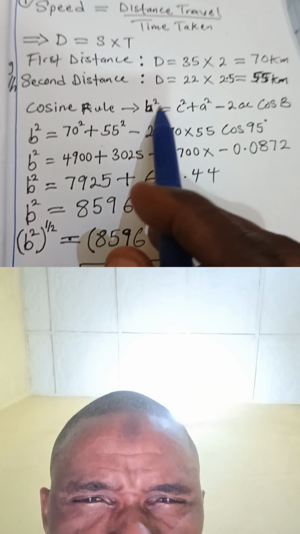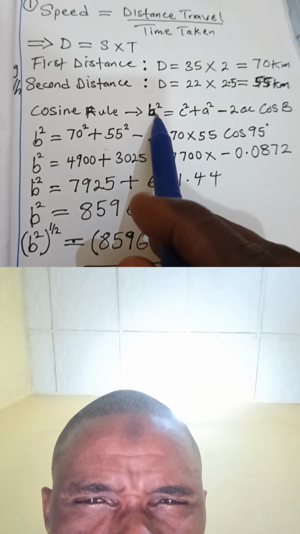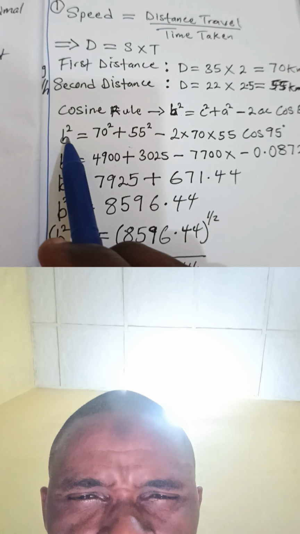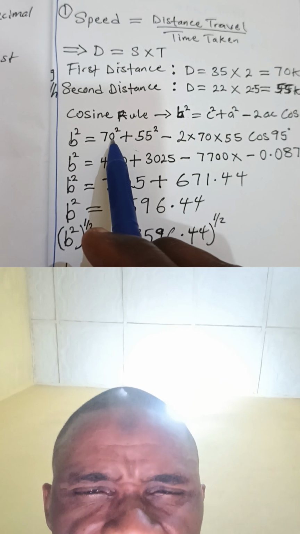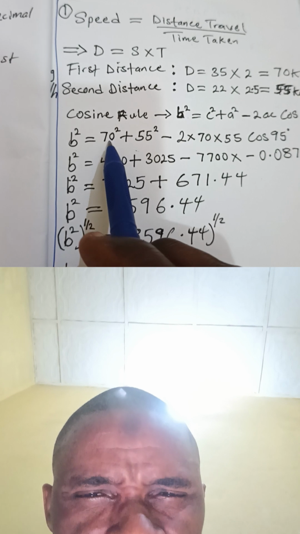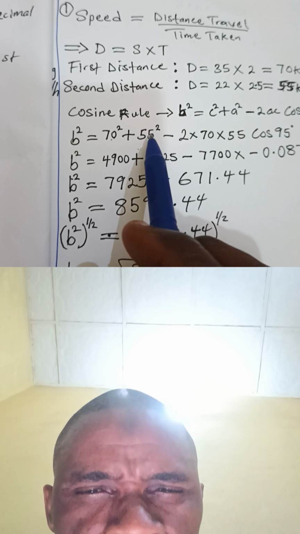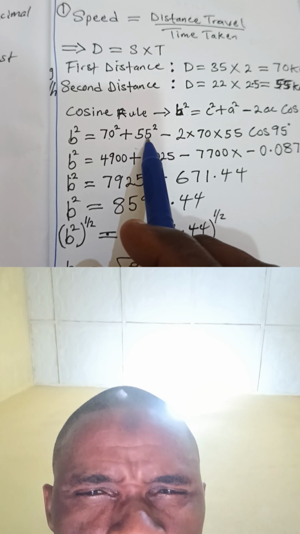We are looking for the small b, which is the distance of that plane from the starting point. Now we write b squared. 70 is the c, so c squared, plus a squared, which is the new kilometer from B to C, so that's 55.